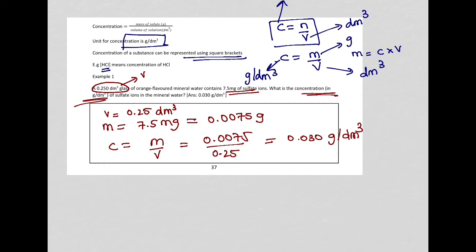So we can say that concentration of sulfate ions, you could write it like that, or you could write it like that, SO4 2 minus, is equal to 0.03 gram per dm cube.